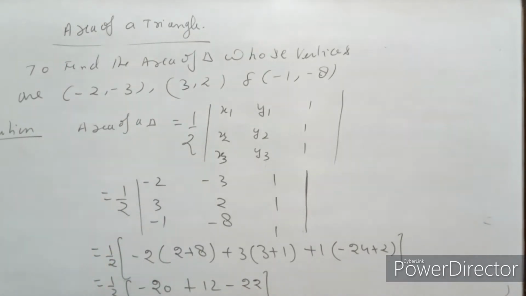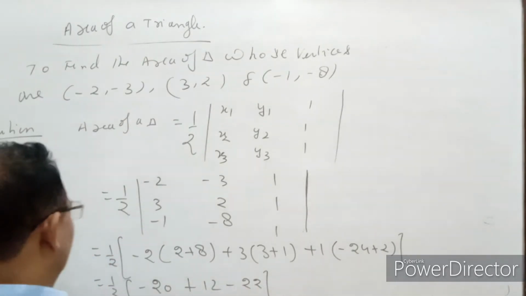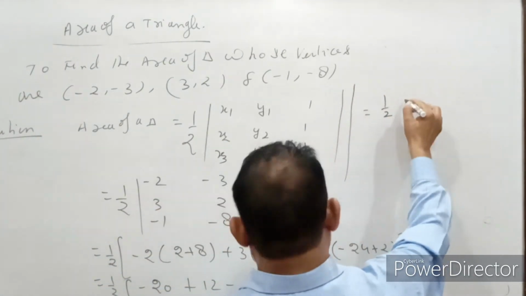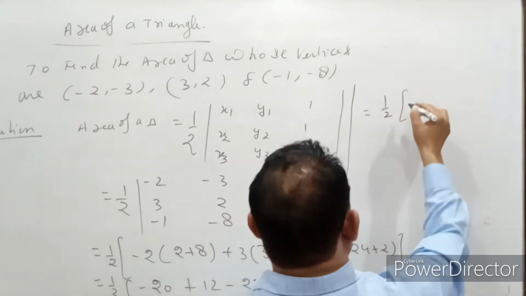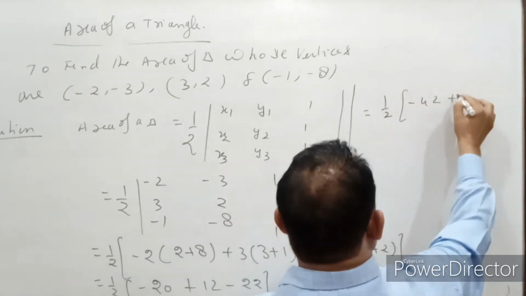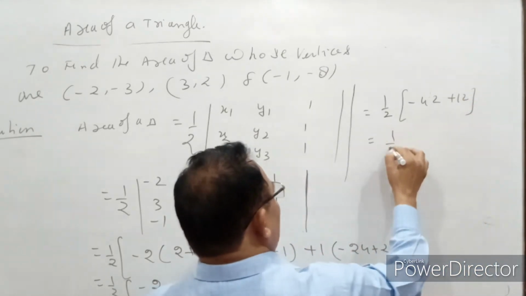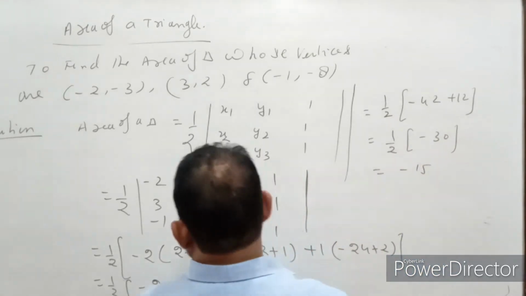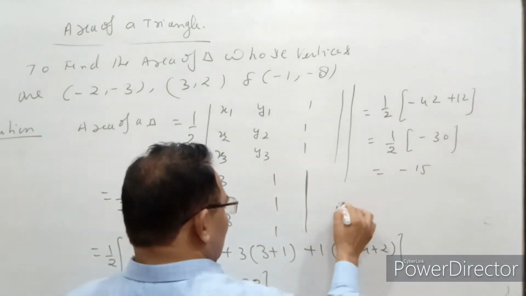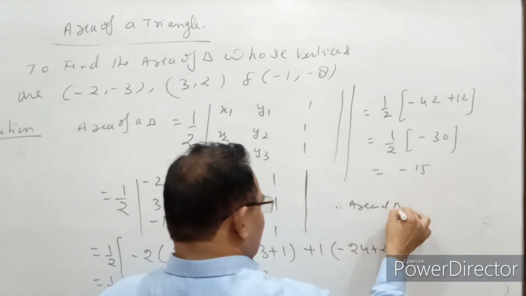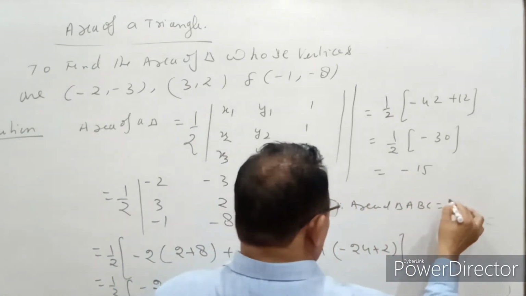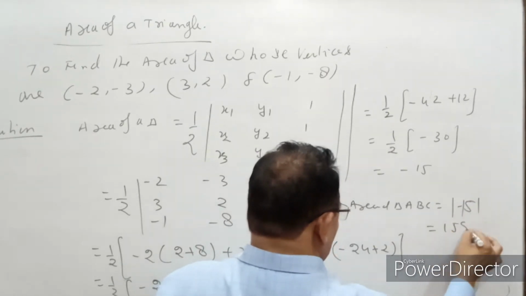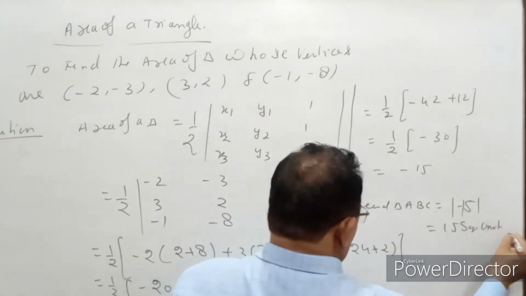So the area of the triangle is equal to 1/2 times (-42 + 12), which is equal to 1/2 times -30, which is equal to -15. Therefore the area of triangle ABC is equal to the modulus of -15, which is 15 square units.